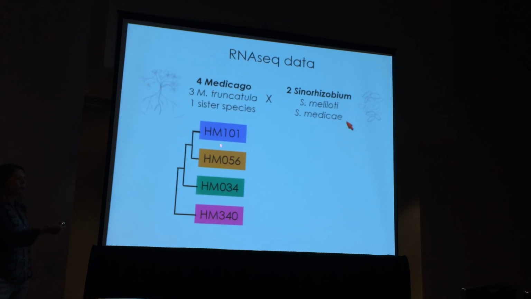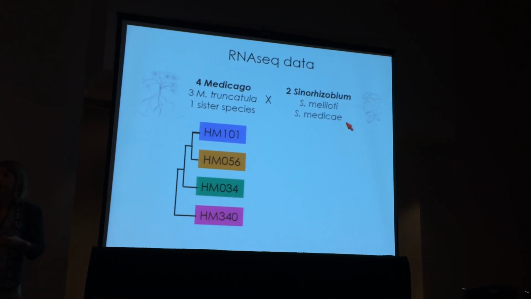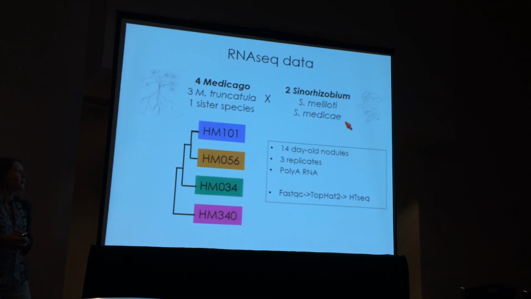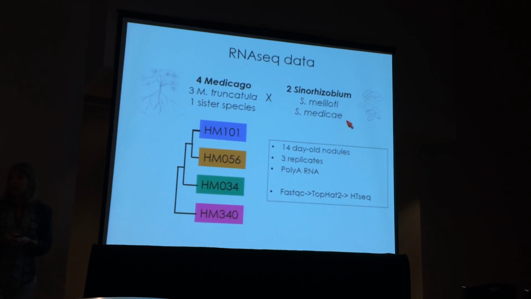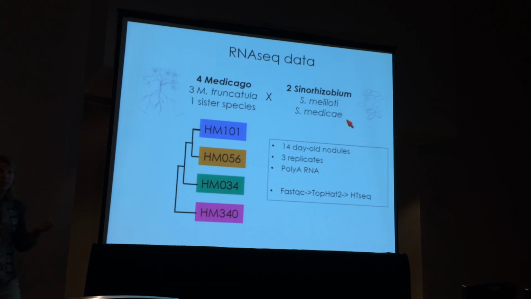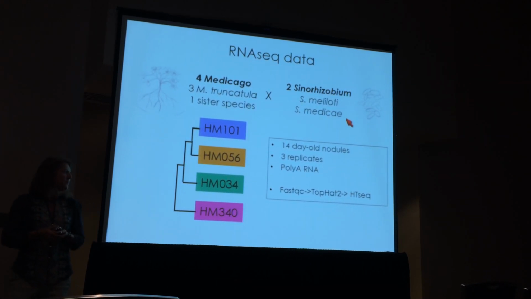And then we picked 2 other genotypes that span the phylogenetic diversity within this species. We've got these 2 different rhizobial species. We grew them in a greenhouse and harvested nodules at 14 days. We have 3 replicates. We pulled out the poly-A RNA, so we're looking at the host gene expression patterns here.